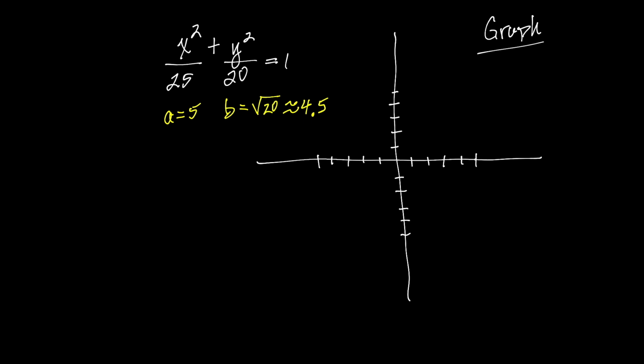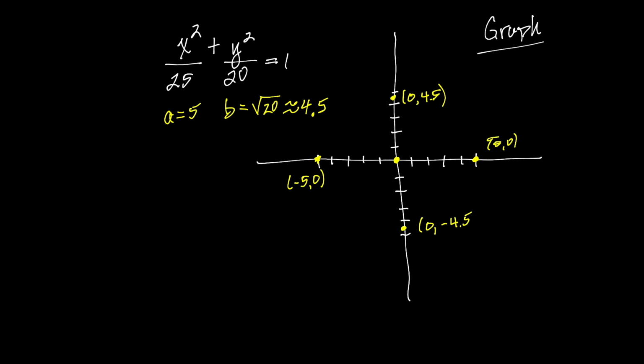So first things first, 0, 0, that's the center. 5, 0 is one vertex. Negative 5, 0 is the other vertex. And the co-vertices are about, if we're estimating, 0, 4.5, say, and down here would be 0, negative 4.5. So that's my sketch.